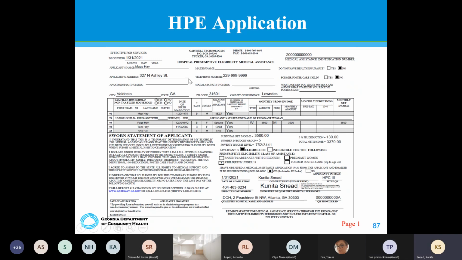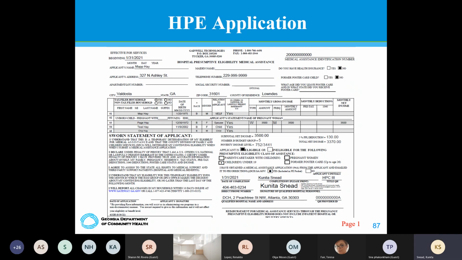The person that is applying, their information is going to go up here. We have the applicant's name. His name was Map Hay. His address is 327 North Ashley Street. The city is Valdosta, of course, Georgia. The zip code is 31601, and the county is Lowndes.